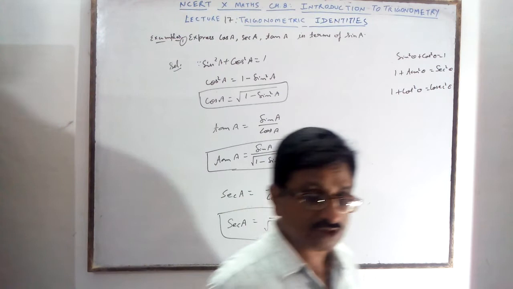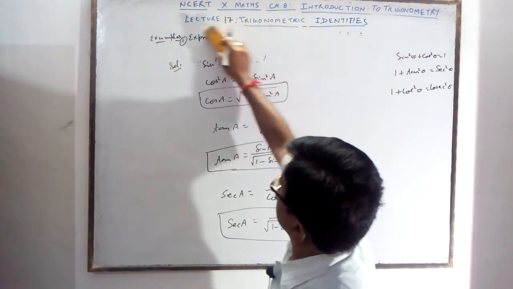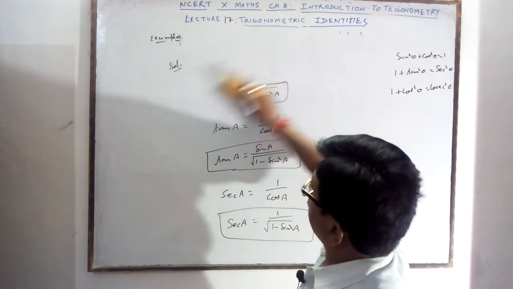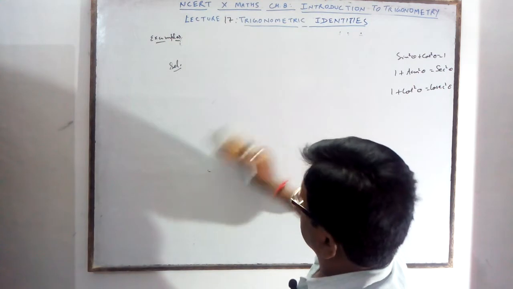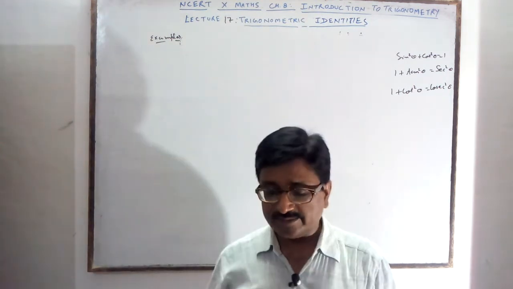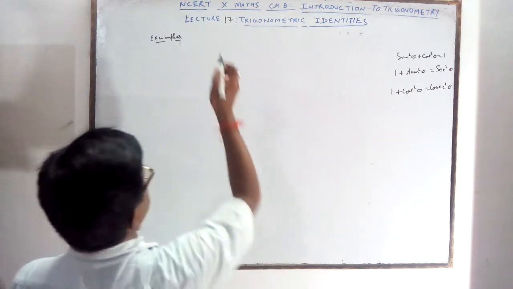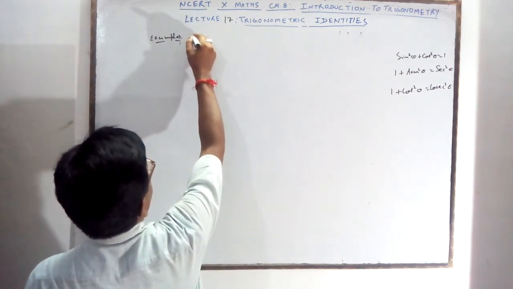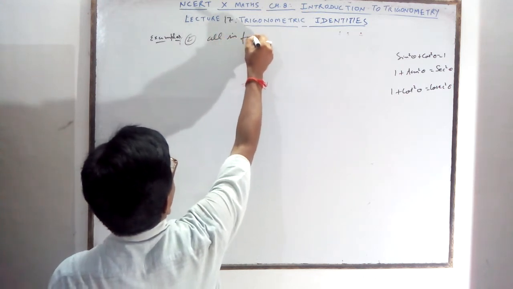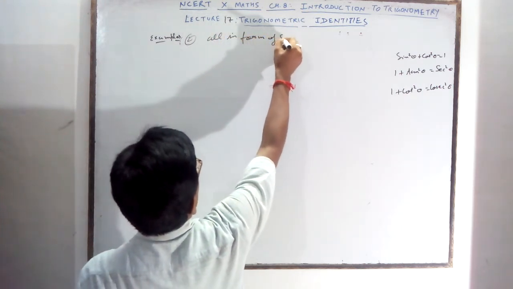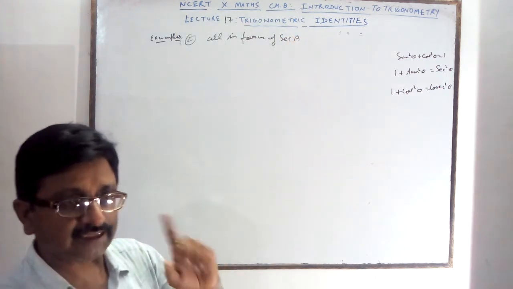Now the second question, example number 2, not in the book, any question. Write all the trigonometric ratios in the form of sec A. So how many trigonometric ratios are there? 6.